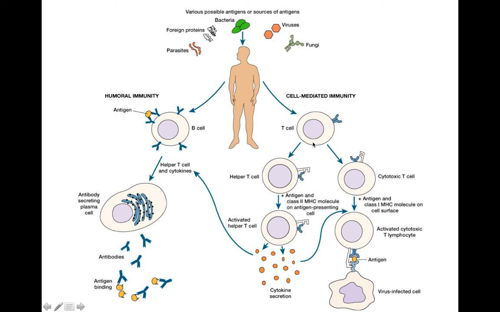And now I want to review what I told you about the role of the CD8 cytotoxic killer T cell. The cytotoxic killer T cell does not play a role in antibody production. Instead, it actually directly kills the virally infected cell. So here we have the MHC1 presenting a cytoplasmic peptide of a virus.